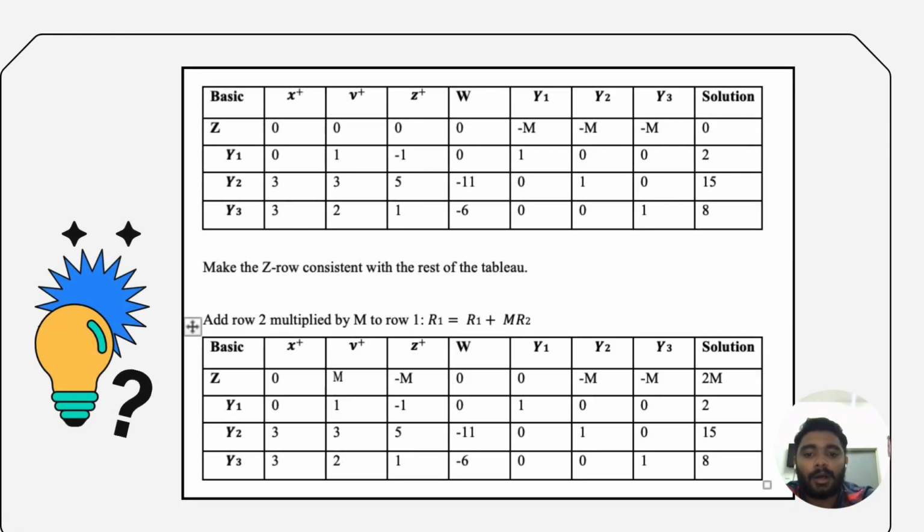For the entire equation, we have to put it into a table form so that we can solve it. This on top is the table. First, we add row 2 multiplied by M to row 1, so R1 equals R1 plus M R2.